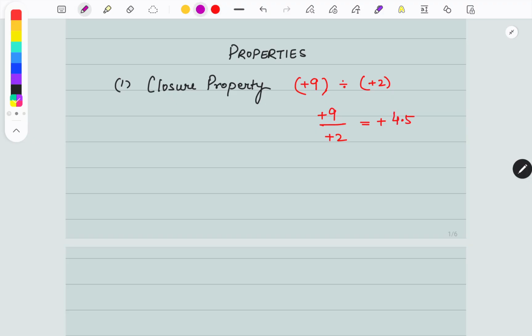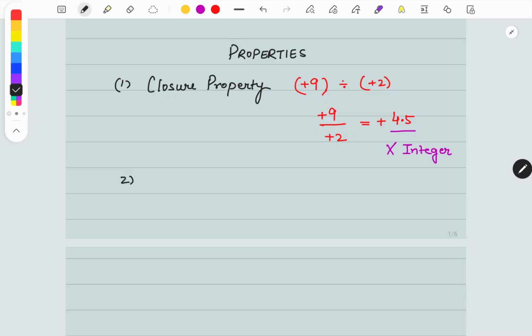Now if we see that 4.5 is not an integer. So we started with integers plus 9 and plus 2, but the answer plus 4.5 is not an integer. So integers are not closed under division.